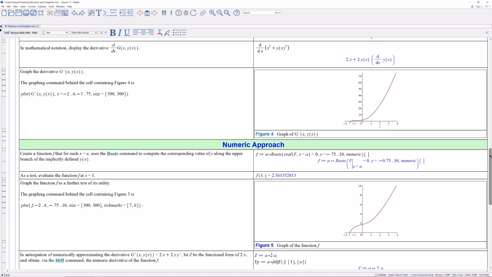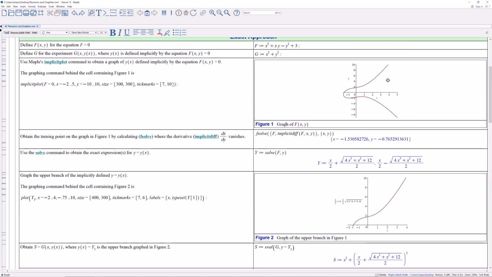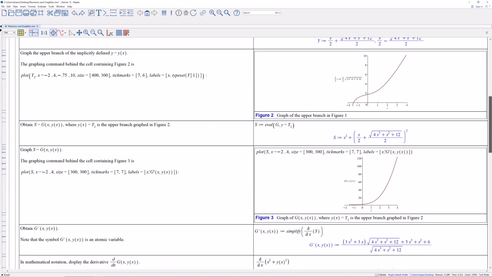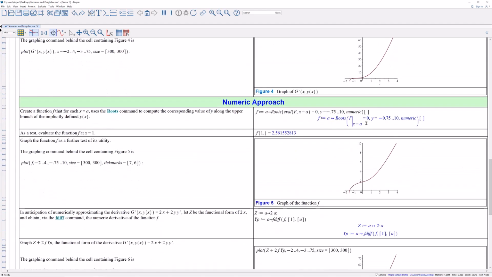Now that range becomes important because if you remember what the function is, its graph is the graph of a relation. If you pick an x and solve for the y, you're going to get two values. And so I'm limiting the number of roots that I get by giving this range in y.